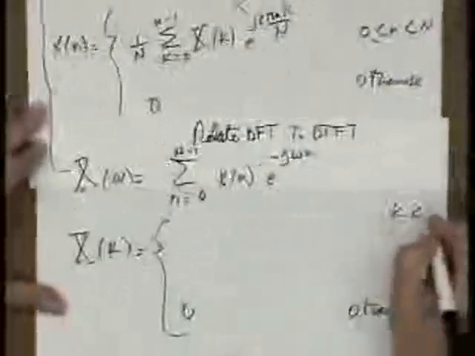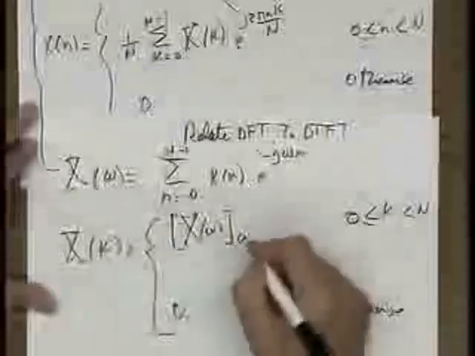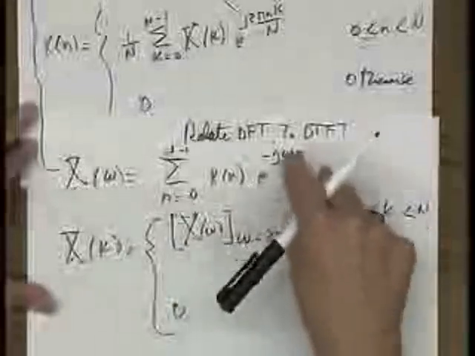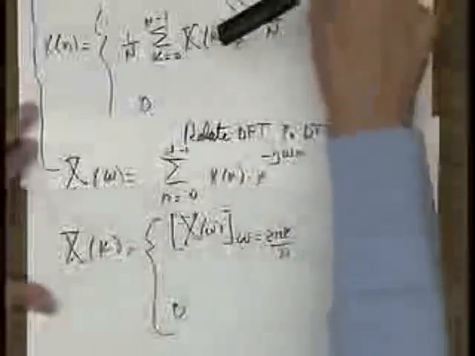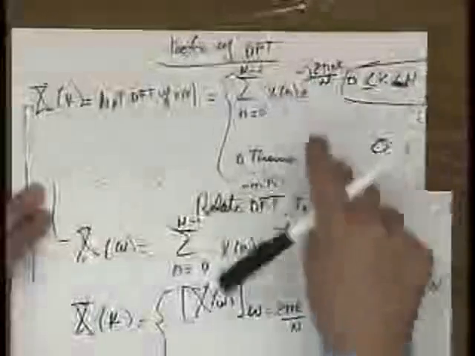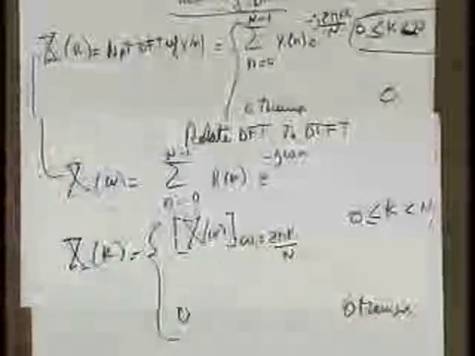But for k between 0 and N minus 1, it's just X of omega evaluated at omega equals 2 pi k over N. Because all I have to do is replace omega with 2 pi k over N, and I get this relationship here. Okay?